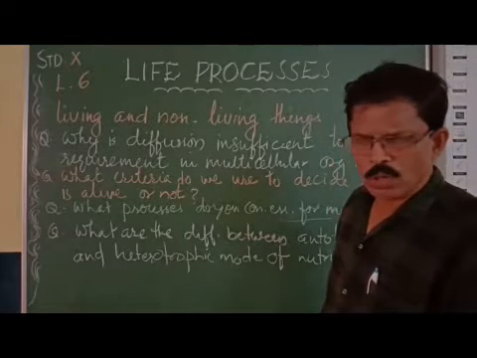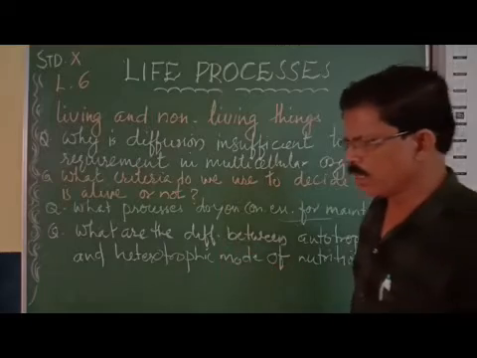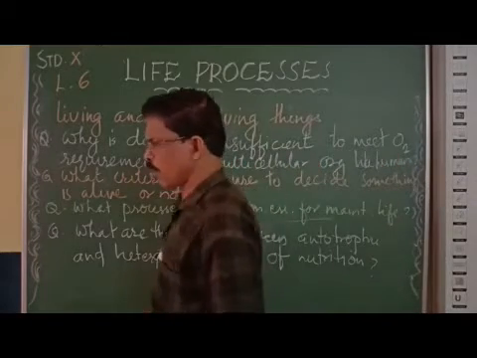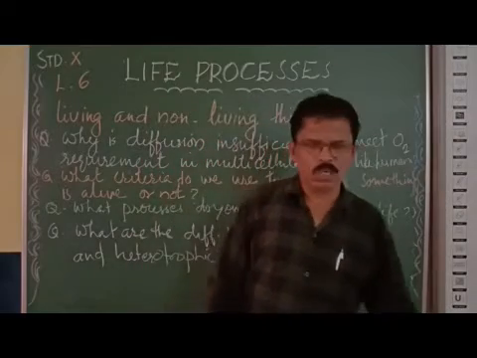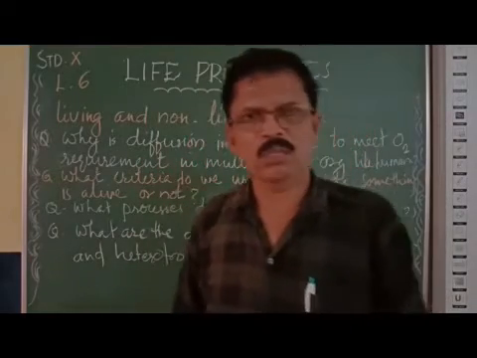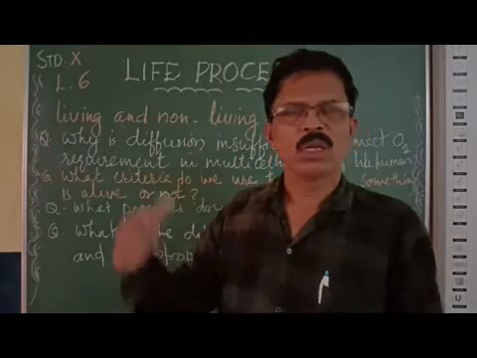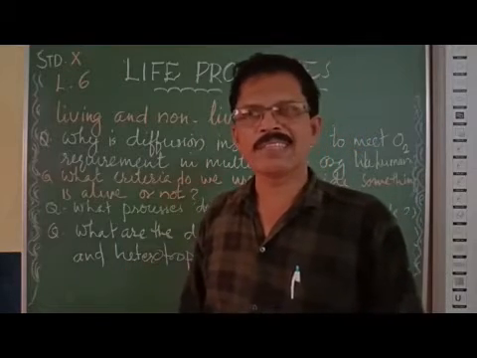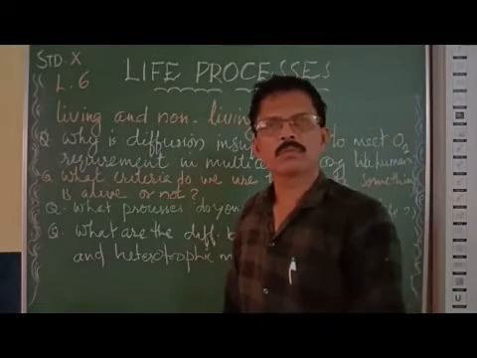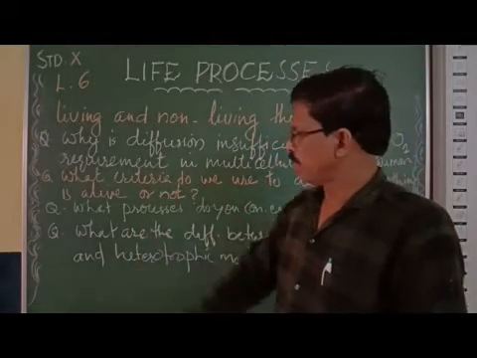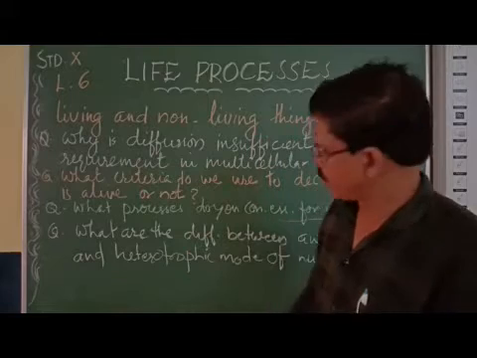Now, the main difference between unicellular and multicellular organisms. You have studied about it. A unicellular organism has a single cell, and multicellular organisms like human beings have millions of cells. It is said that there are 100 trillion cells in the human body. Now, amoeba, for example, is a unicellular organism.